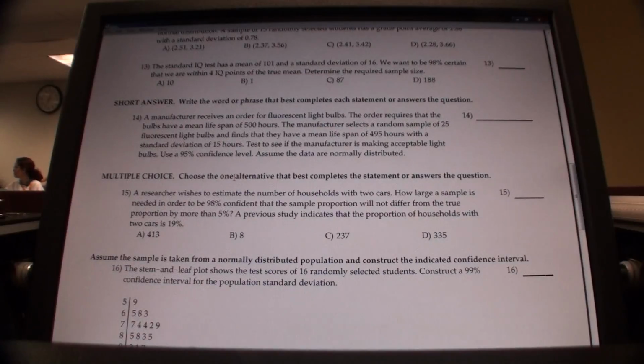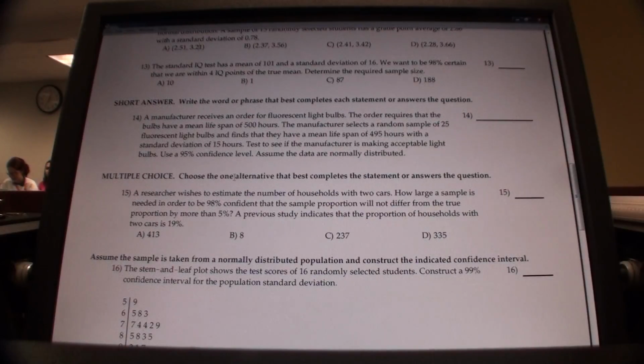The mean life is 495 hours. That he's asking for 500 actually, right? That is the question, and that's for 500 hours. The standard deviation is 15 hours. That is the standard deviation from the sample. So we need to test that particular claim.